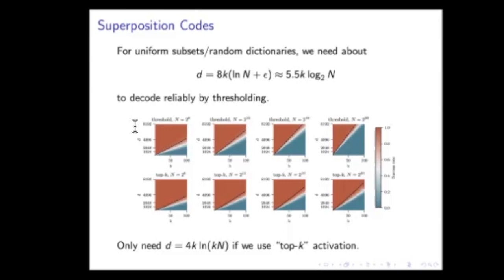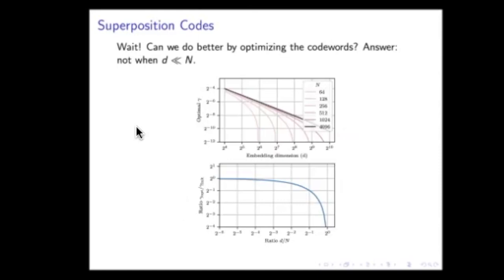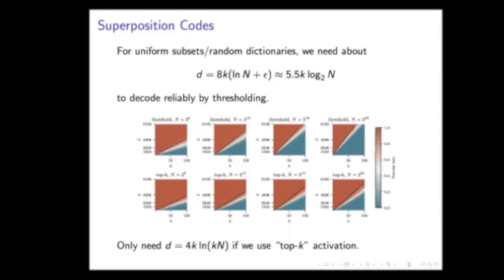And you may be aware of the work by Anthropic on toy models of superposition. They did a lot of work on optimizing code words. But one interesting fact that I uncovered doing this work, which I have no mathematical explanation for, but which feels intuitive: first, I have to remind you that what determines the performance, what explains what's happening in this graph, is not the maximum inner product between code words, it's the scale of inner products.